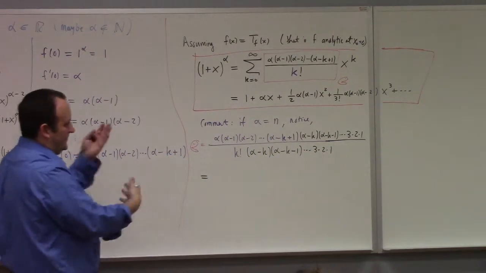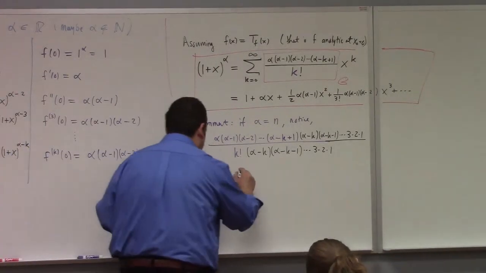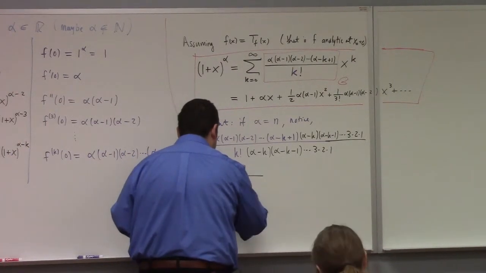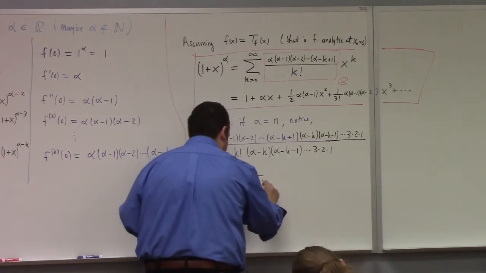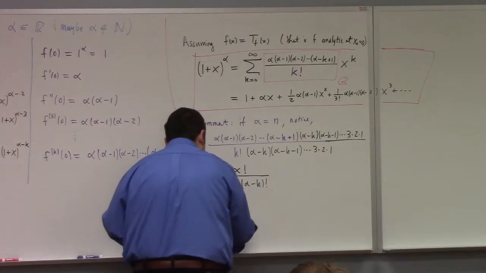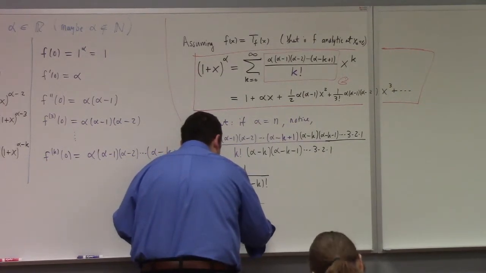So what does that put upstairs? That would be alpha factorial upstairs. And downstairs, we would have k factorial and alpha minus k factorial, which, of course, you could recognize if I rewrite it as n factorial over k factorial times n minus k factorial.